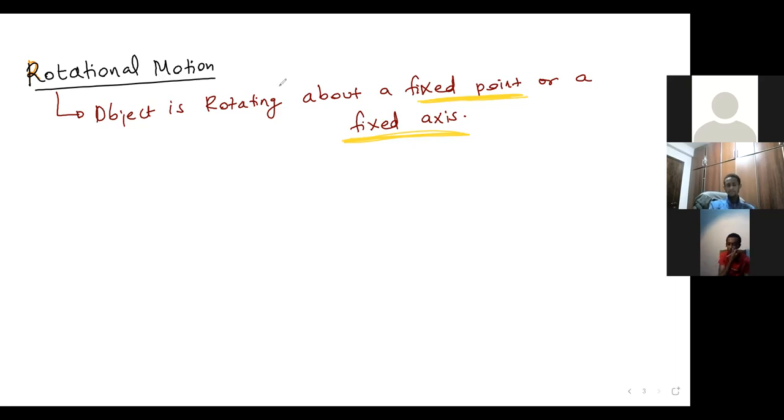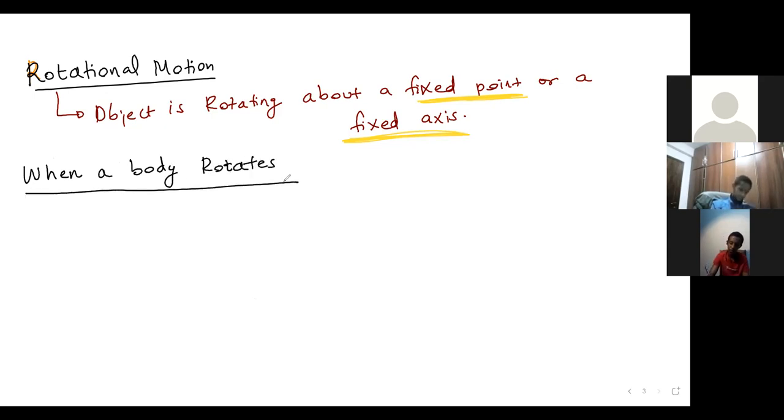See, we know a body is made of many particles, right? When a body rotates, let's take an example. I'm writing something over here, a small diagram.